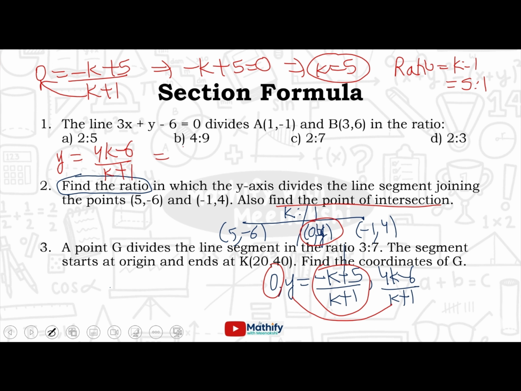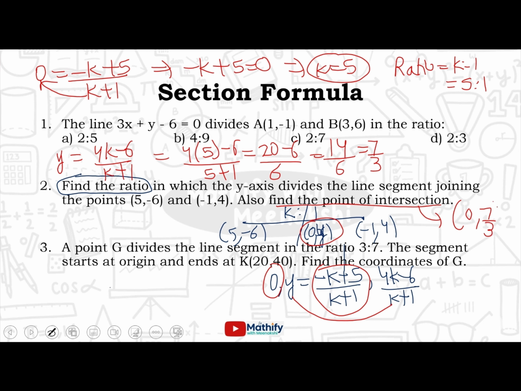You know the value of k now. It's 5. 4 into 5 minus 6 upon 5 plus 1, 20 minus 6 upon 6, that is 14 by 6, or you can say 7 by 3. So point of intersection is 0, 7 by 3. Okay, so here we have first found the ratio and then the point of intersection. Let's move to third question.